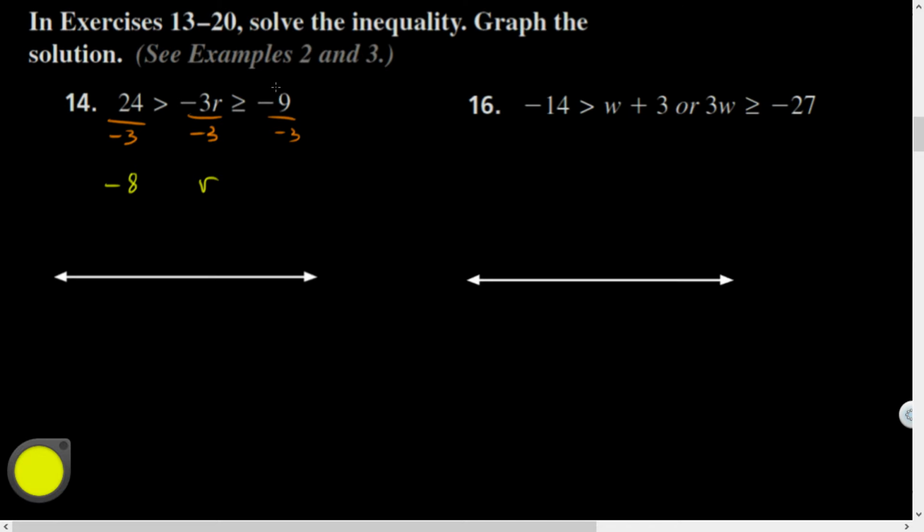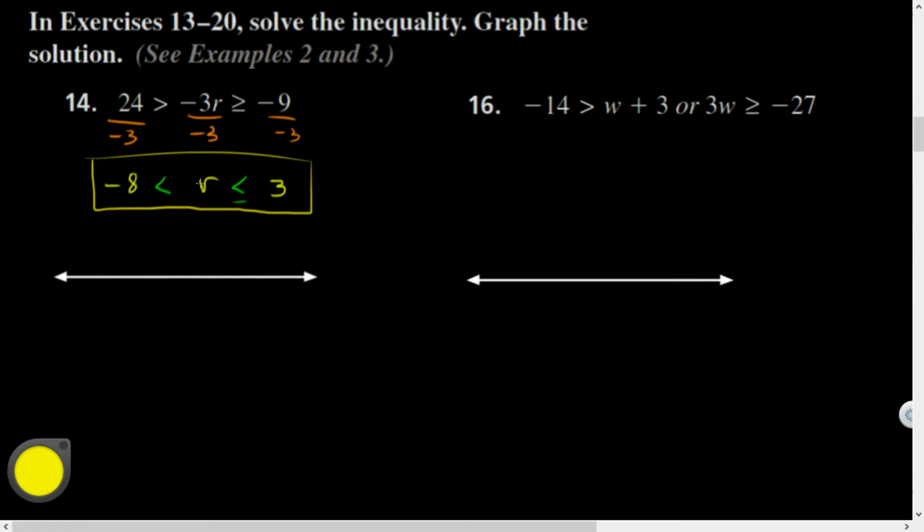I just get r. And negative divided by negative is +3. And in dividing by a negative, we said the magic word. Divide a negative or multiply a negative, right? And that means we've got to flip those signs. And this is written from least to greatest. That's convenient for us. We like to write our answers that way.